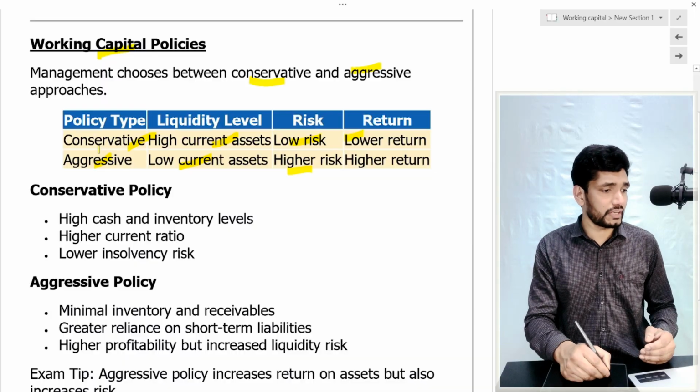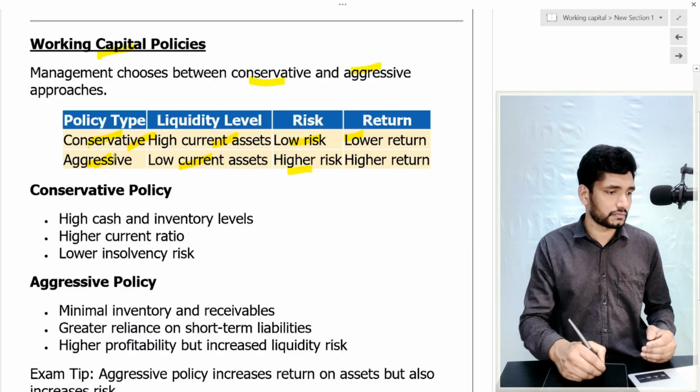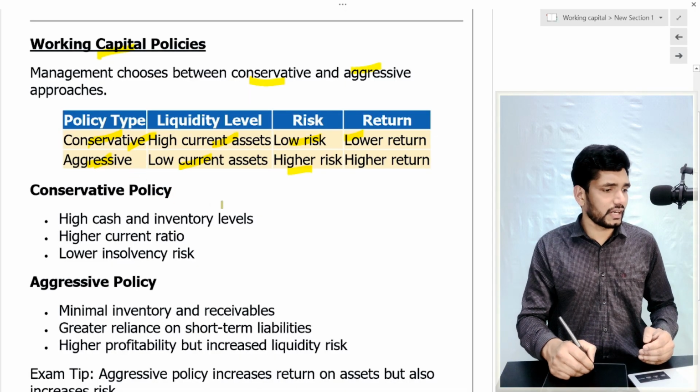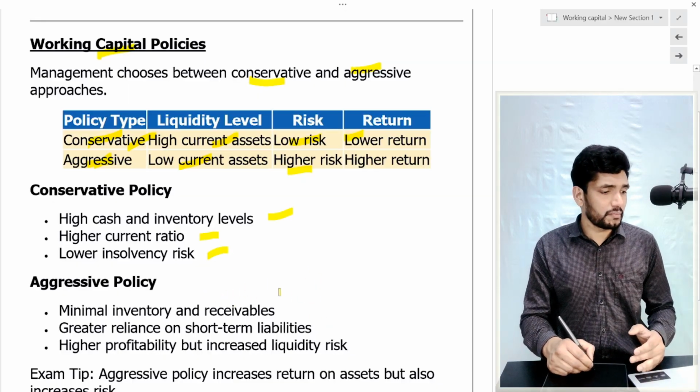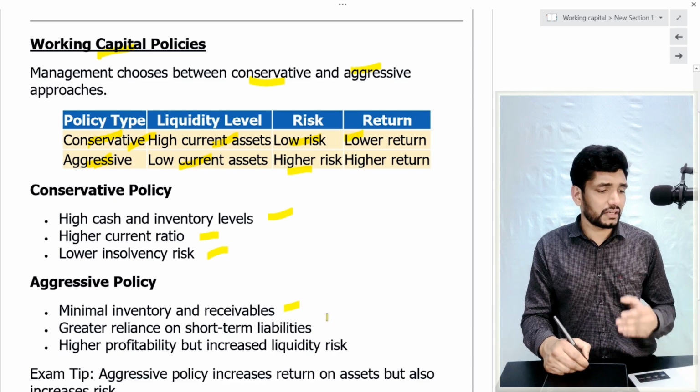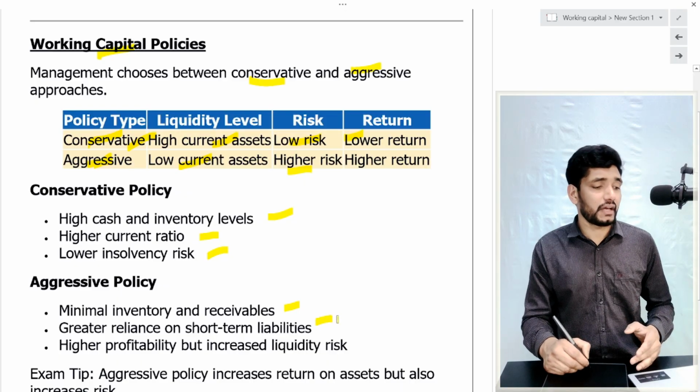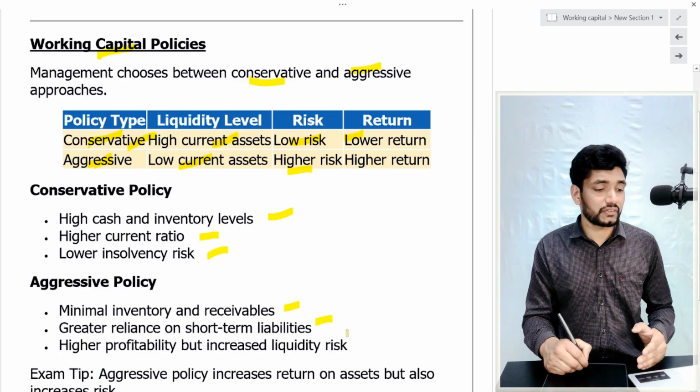The first is the conservative approach, then the aggressive approach. In the conservative approach, there are high cash and inventory levels, high current ratios, and lower insolvency risk. In the aggressive policy, the company will maintain only minimal inventory and receivable levels, with greater reliance on short-term liabilities and higher profitability, but increased liquidity risk.